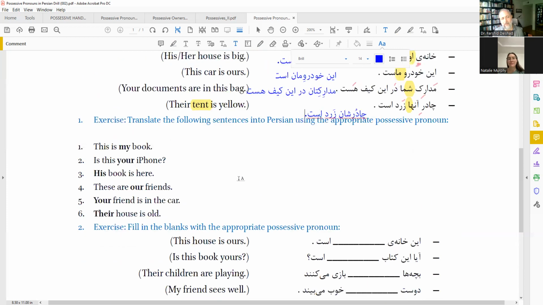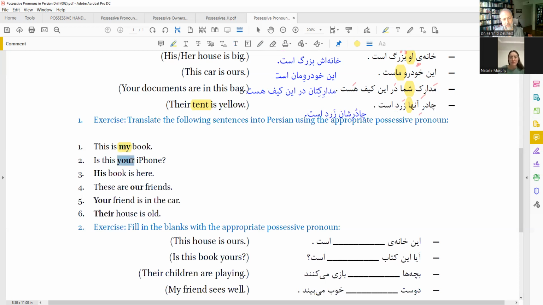Now let's look at this exercise. It's more sophisticated because you have to translate those phrases into Persian. For vocabulary, I'm there to help you, but think about these possessives first.